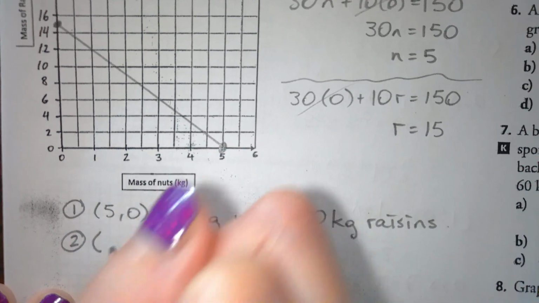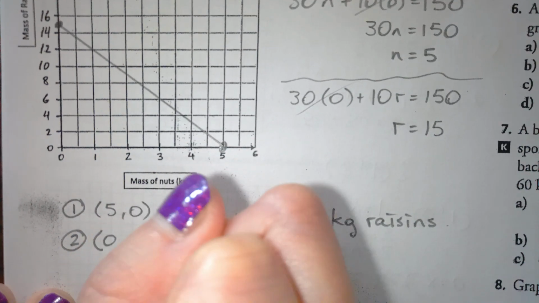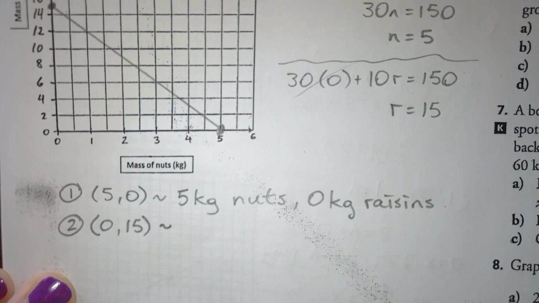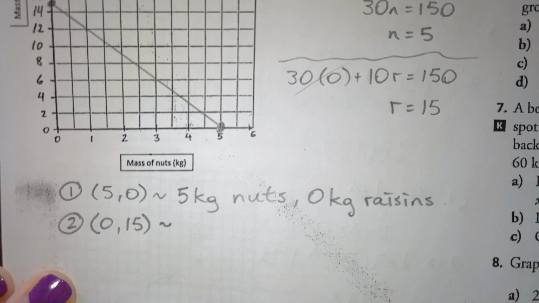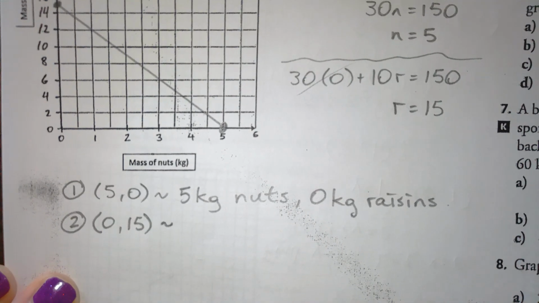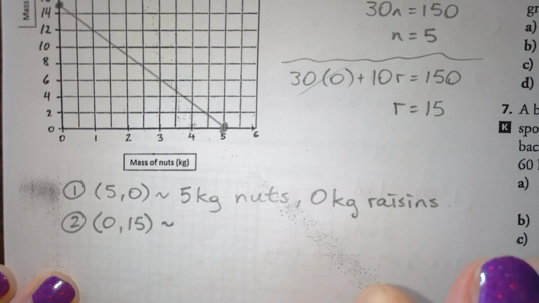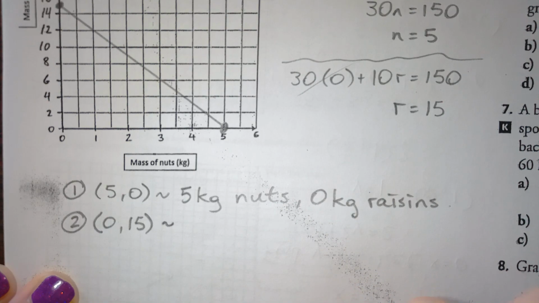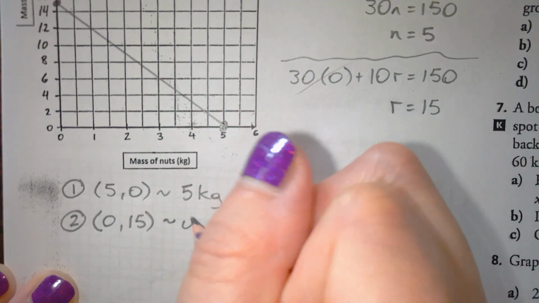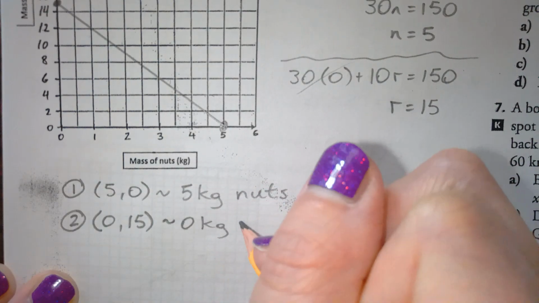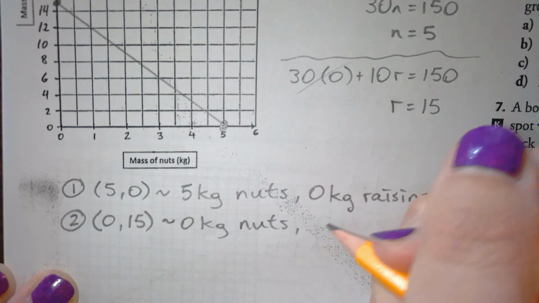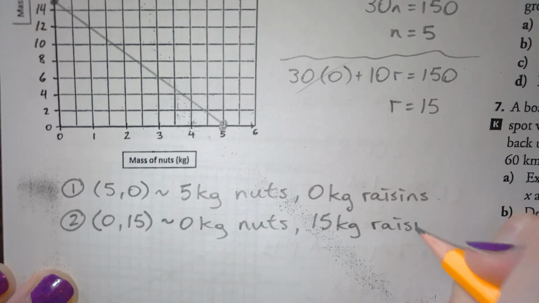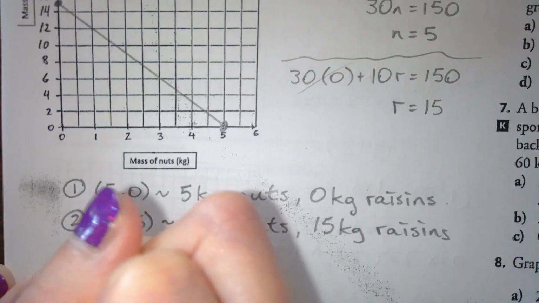What about this one? 0, 15. And 0, 15 would mean, Brian, what do you think? Yep, 0 kilograms of nuts and 15 kilograms of raisins. Good.